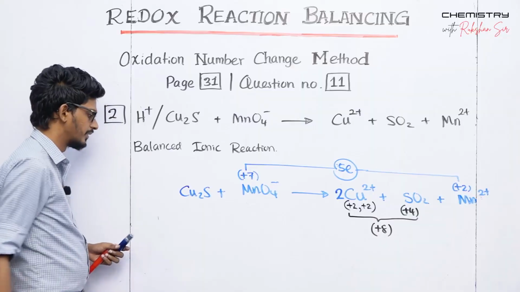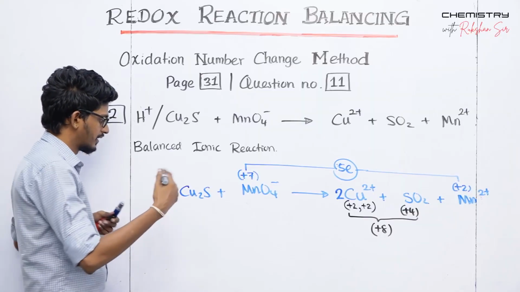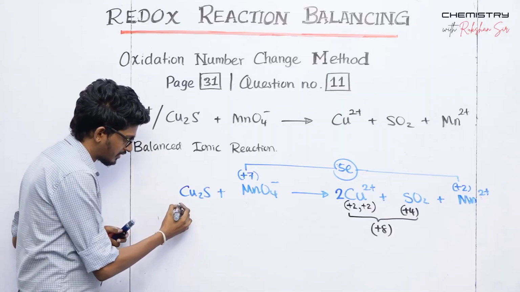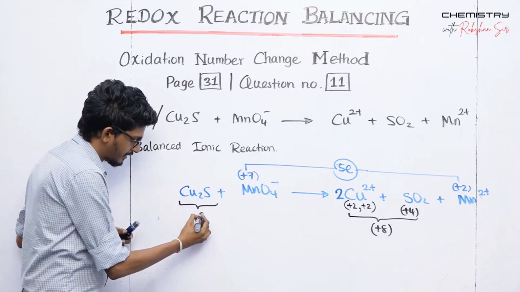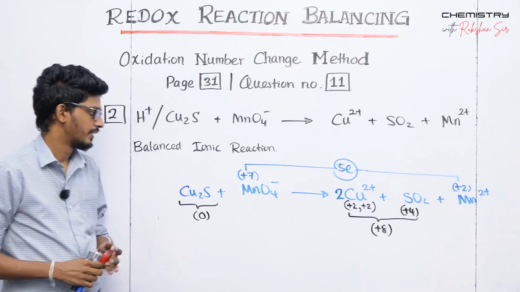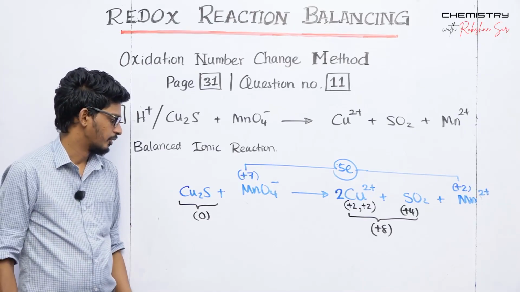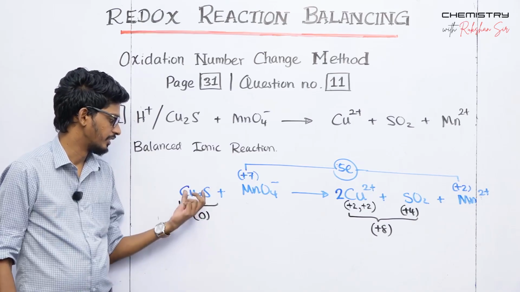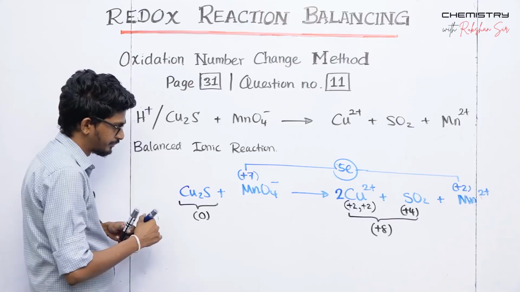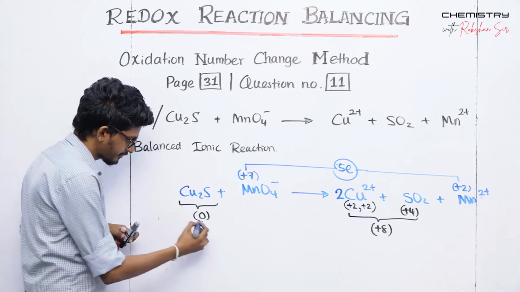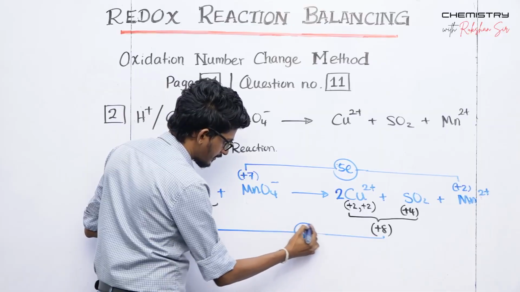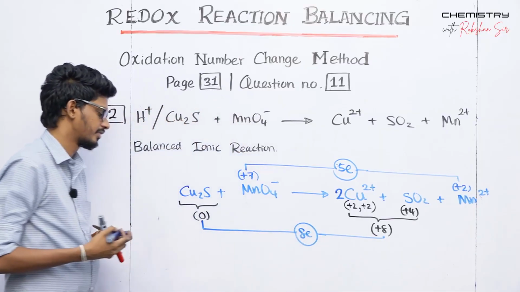Sulfur and copper, take both as one particle, so the net oxidation state should be 0, because the summation of oxidation states is equal to 0. So the oxidation state difference coming from here is actually 8 units.